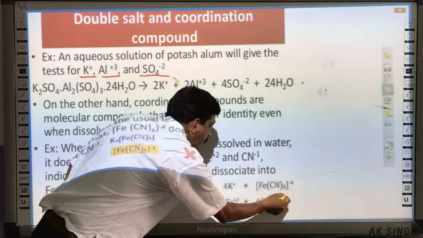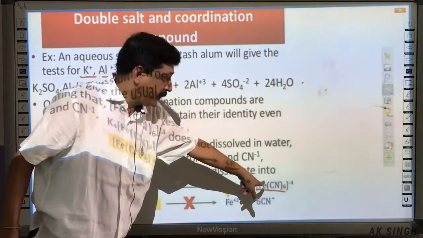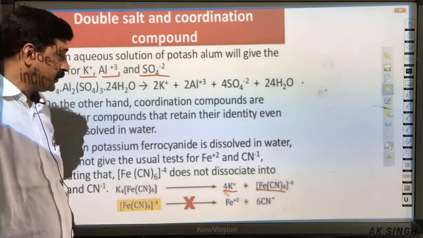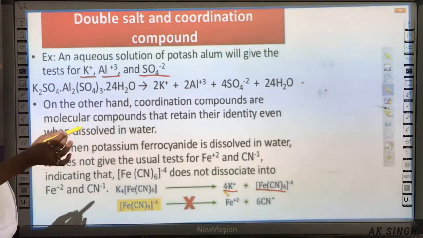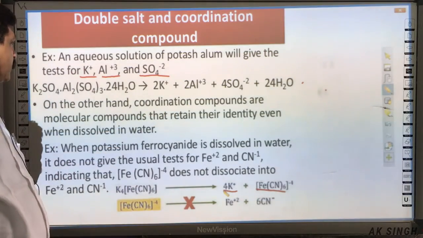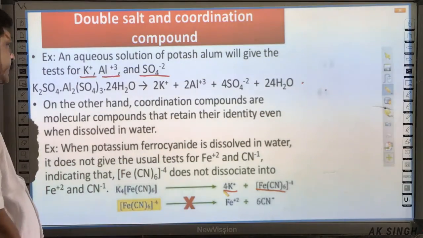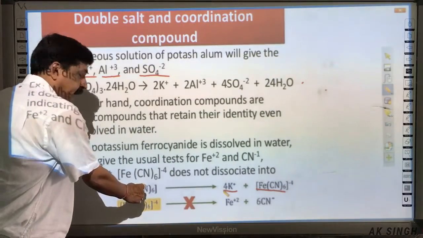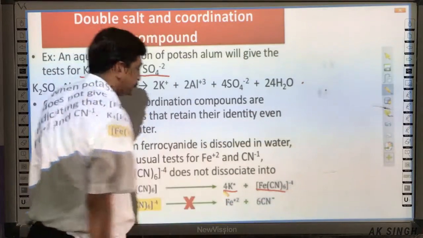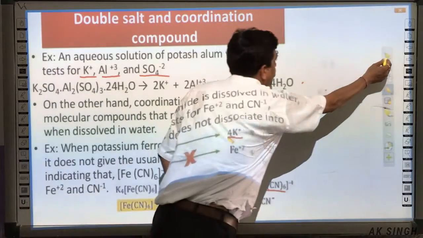Now this will give [Fe(CN)6]. So the Fe2+ test will not be given, CN- will not be given, because of the formation of the complex. Coordination compounds are molecular compounds that retain their identity even when dissolved in water, meaning on dissolution in water they will not split up. Let us move to another slide.